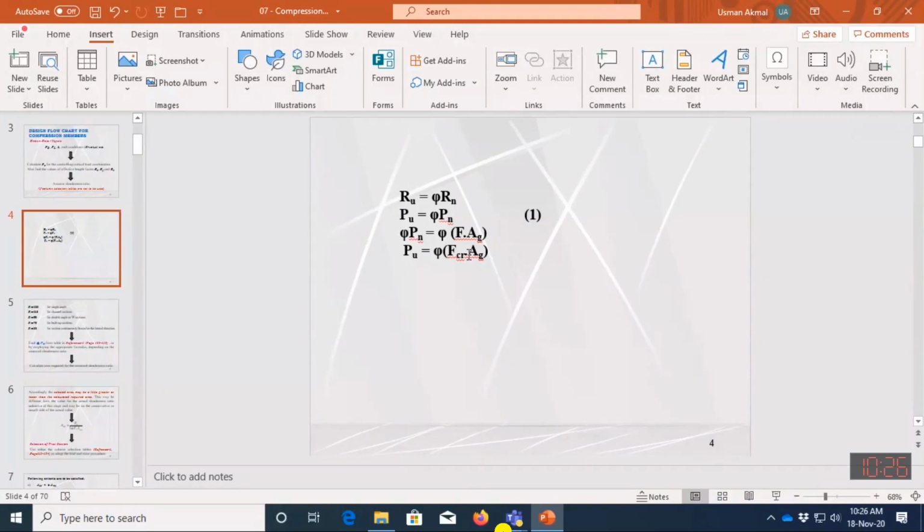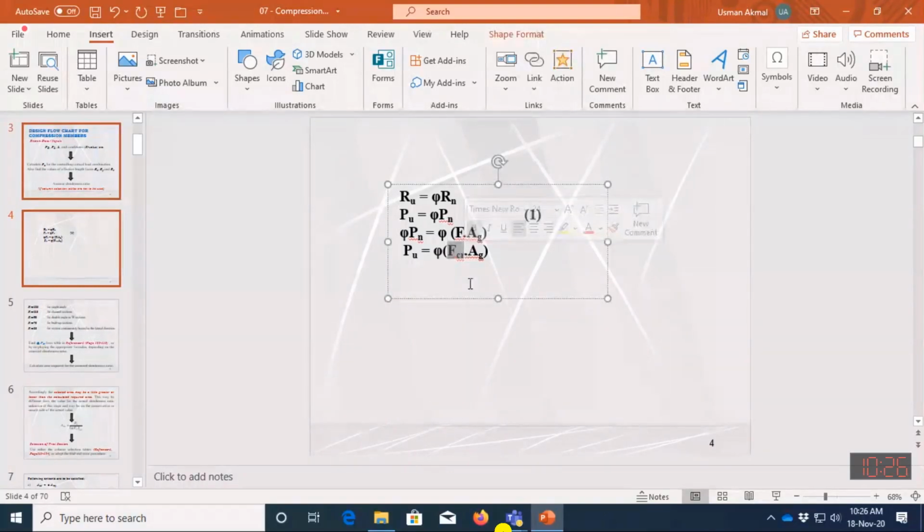So it means that we do not know the radius of gyration of the column, but we know the length only. So we do not know the failure stress or Fcr value of that particular column. But we know that this phi c Fcr value is a function of the slenderness ratio, which is KL over r minimum.